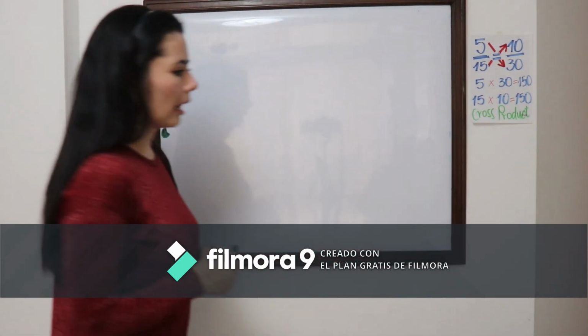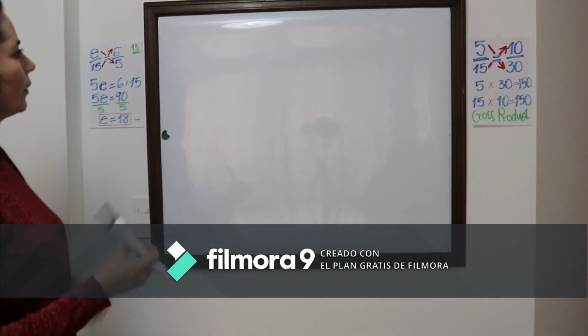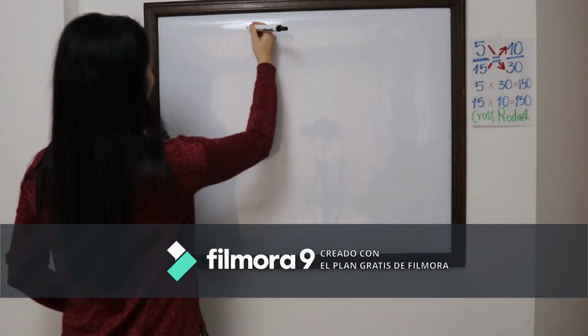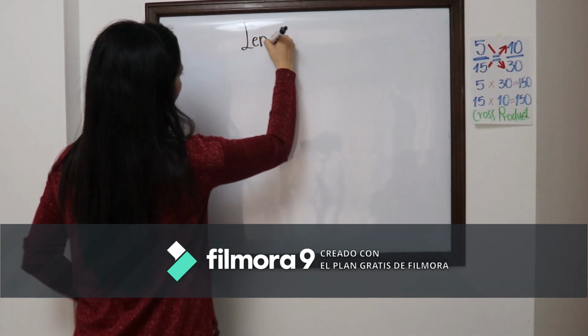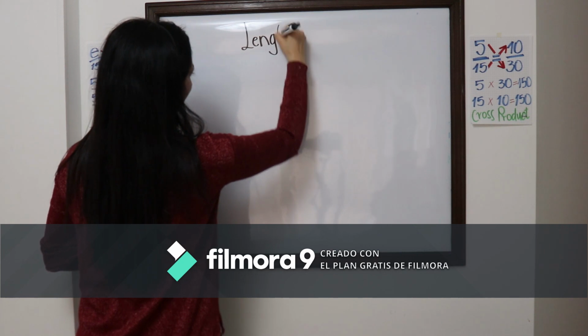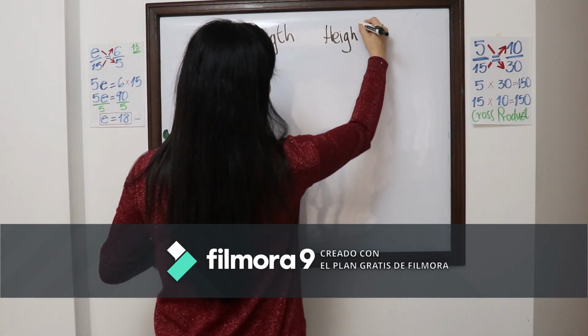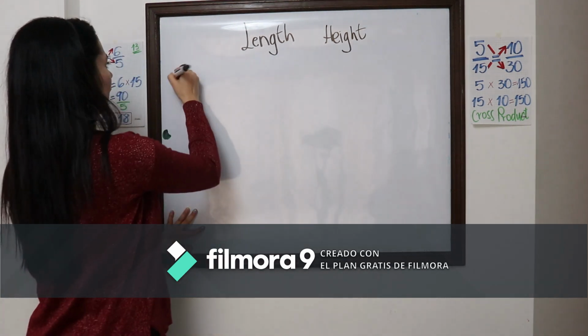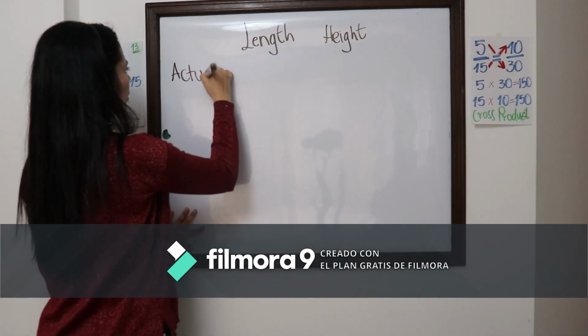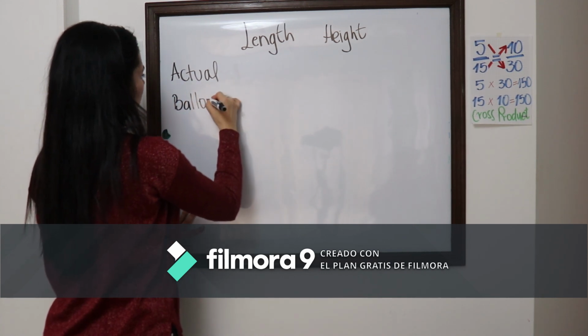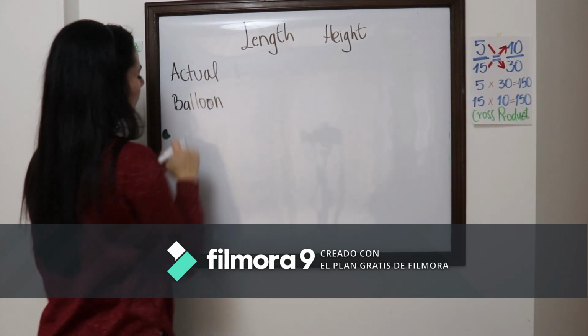For me, a lot of times it's very useful to think about a table. And so I'm going to think about the length and the height, right? And then we need to think about the actual measurements and the balloon measurements. Balloon, okay?